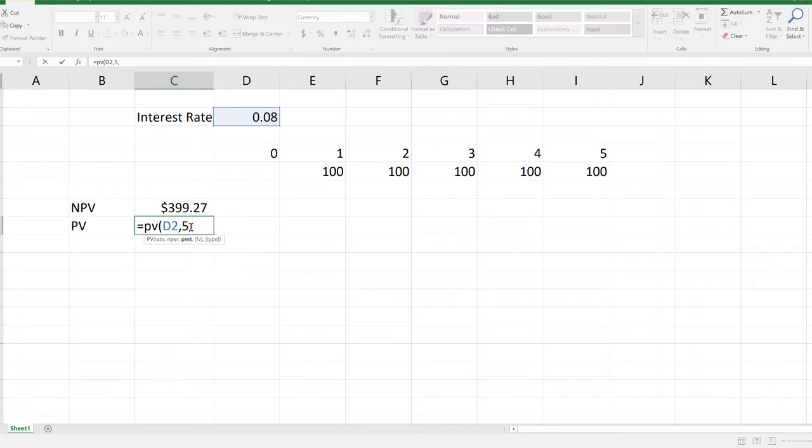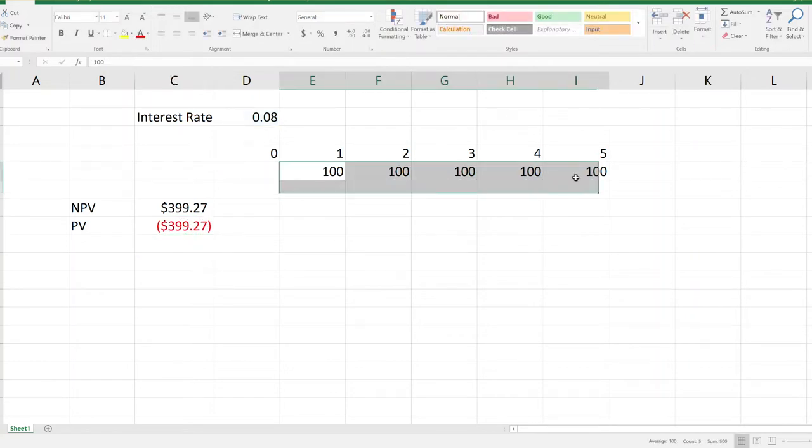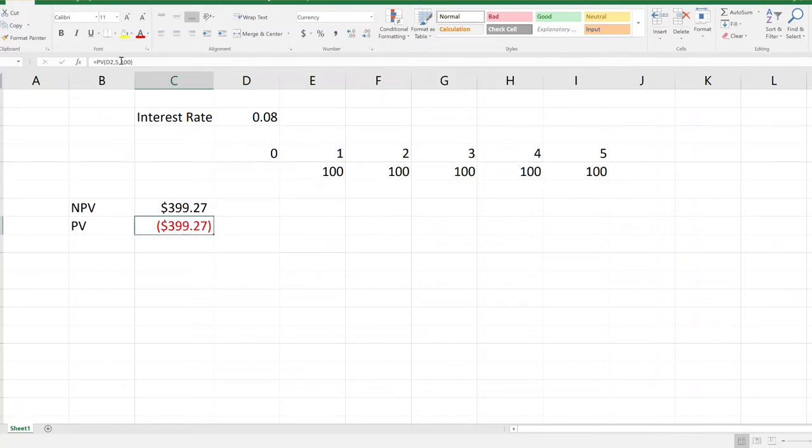And then let's say the payment is 100, put a parenthesis there, and hit return. Now notice I get the exact same answer because I have 5 100s here, and I typed the number 100 in there. Now notice it's red, it's negative. This is very similar to how your calculator returns numbers. When you type in all positive numbers, it returns the opposite sign.